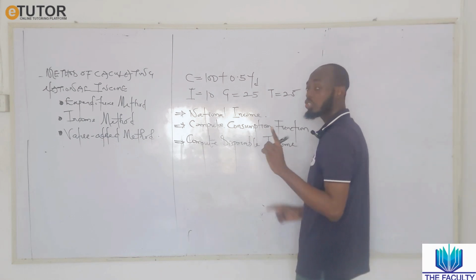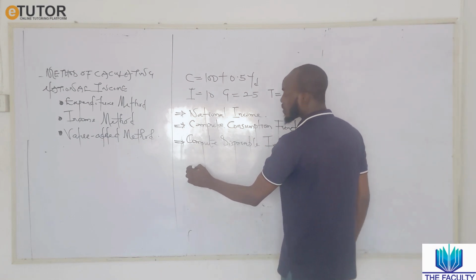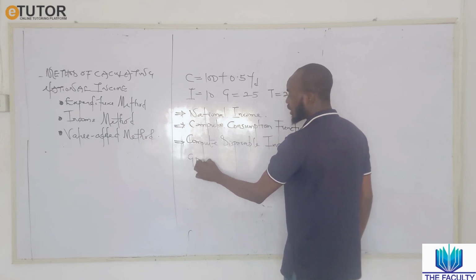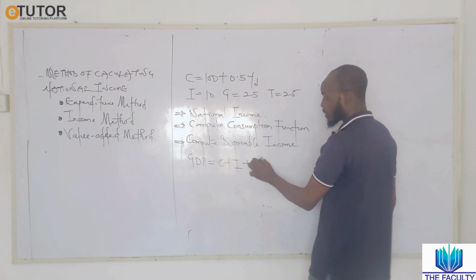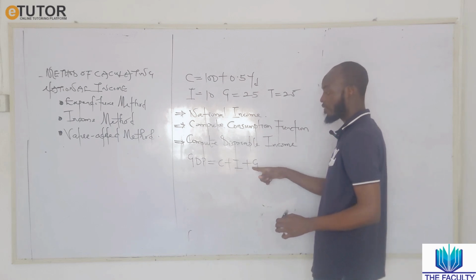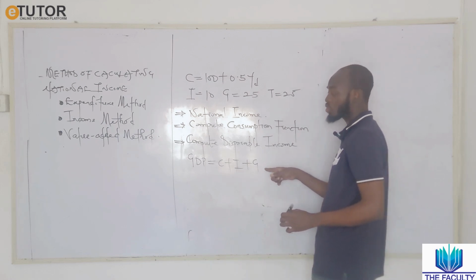The first thing is to understand that in a closed economy, we regard our GDP to be C plus I plus G, which is consumption plus investment plus government expenditure.